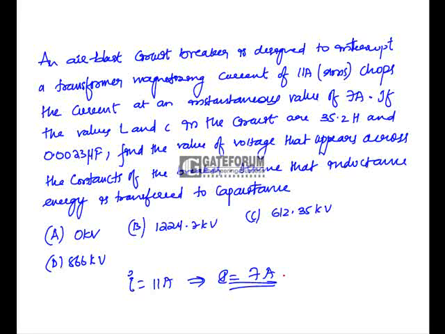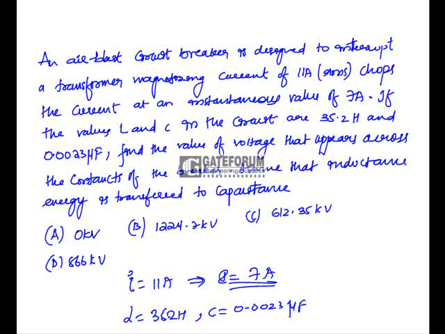The inductance is given as 35.2 Henry, whereas the capacitance is given as 0.023 microfarad. Now we have to find the voltage that appears across the contacts of the breaker. It is dependent on the chopping current, not the total magnetizing current you have.